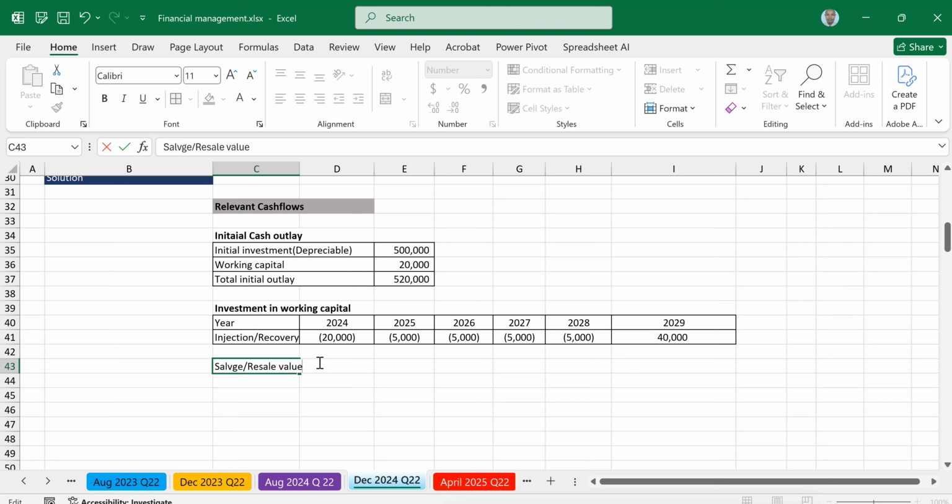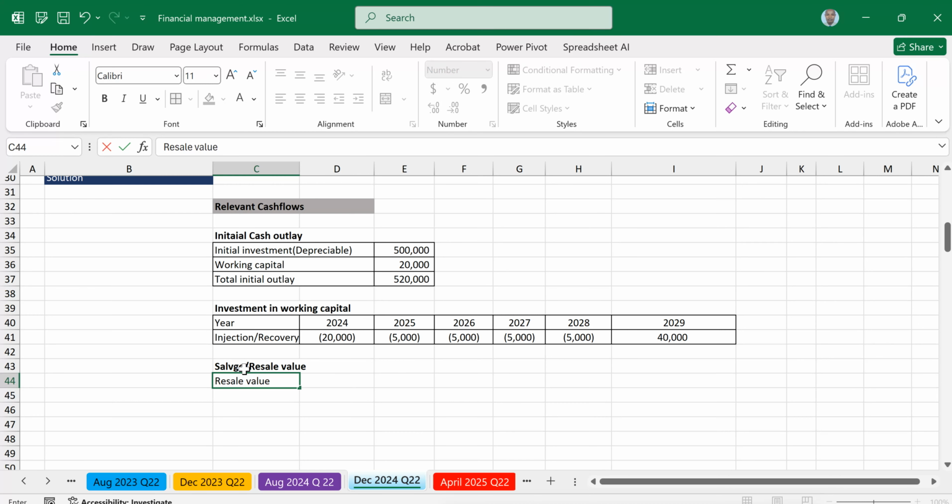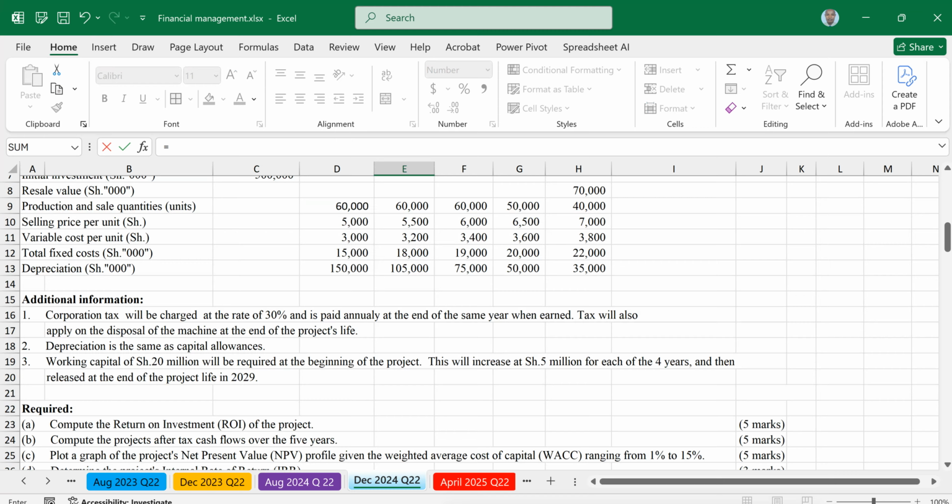Salvage or resale value, or maybe profit, gain on sale of the item. So what is the resale value? The resale value is given as 70.